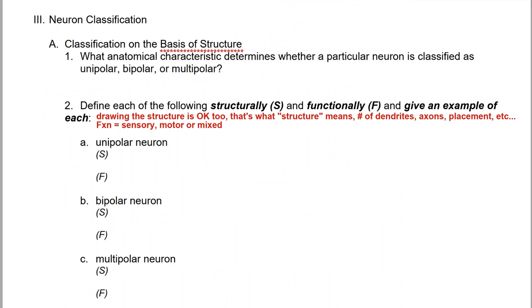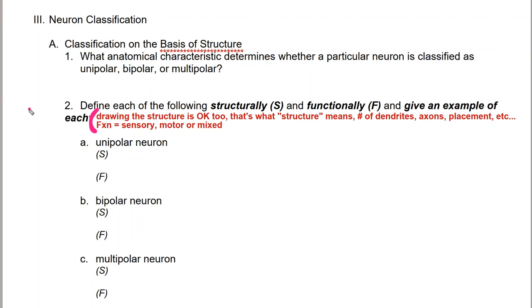Then you're going to do a little bit of neuron classification. You're going to see in your book that you can classify neurons by structure and function. This is your first look at the way neurons are organized structurally. I make a little note here that you can draw these if you want to.